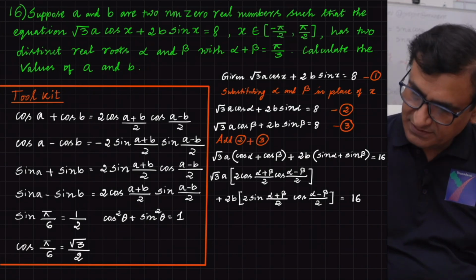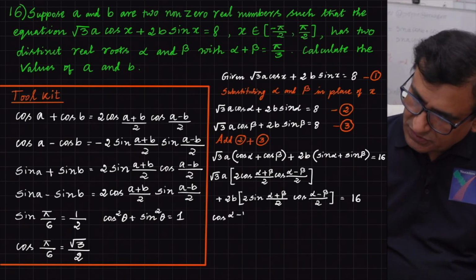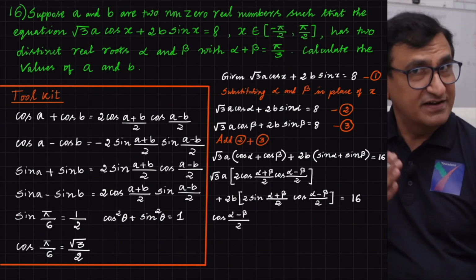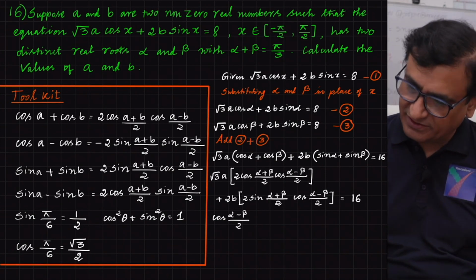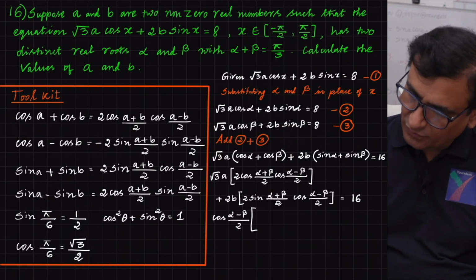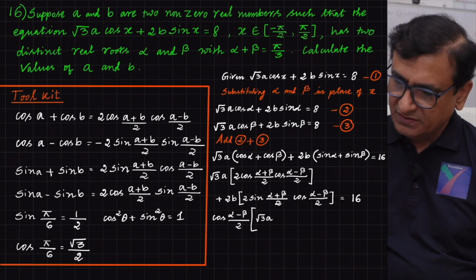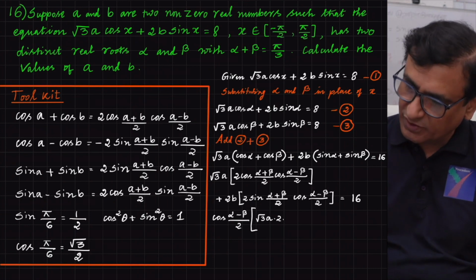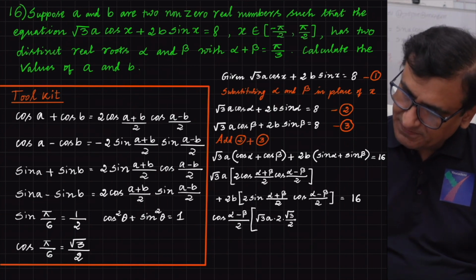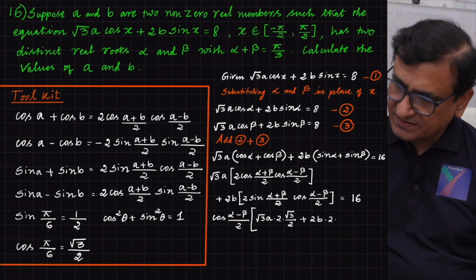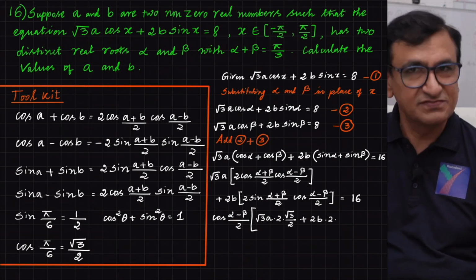So you have cos alpha minus beta by 2 factored out, open a very large bracket: square root of 3 multiplied by 2 times cos pi by 6, which is square root of 3 by 2, plus 2b multiplied by 2 times sine pi by 6, which is 1 half.